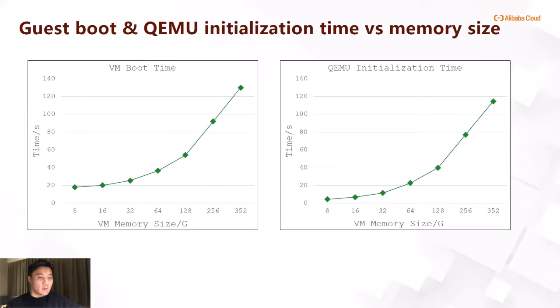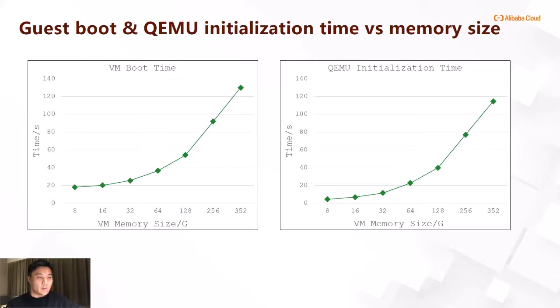The boot time increases as the guest memory grows. When the guest memory reaches 300 GB, the boot time of the VM will be over 2 minutes. In this time, the users don't know what happened in the background, and they are not sure if the creation is still running. That's a very bad user experience.